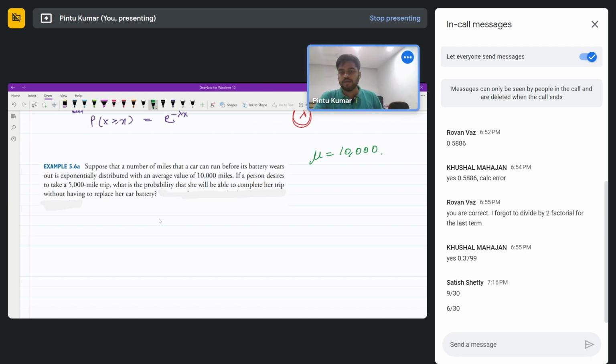So here your lambda value would be 1 by 10,000, right? If a person desires to take a 5,000 mile trip, what is the probability that she will be able to complete her trip without having to replace her battery? So we have been asked the probability that x is greater than or equal to 5,000.